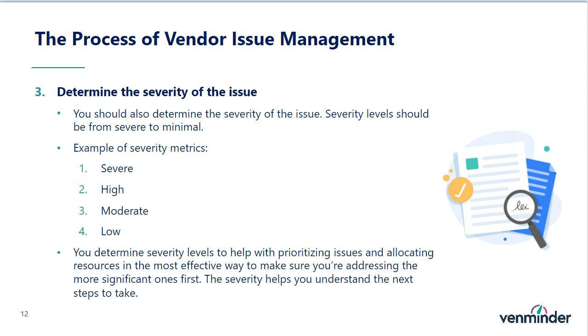Might be a high issue if an existing vendor could be disrupted, or there's clear signs of degradation of performance. Moderate and low could be assigned to both new or existing vendors. You wouldn't have a severe issue with a new vendor because there's no operational impact. You're not using the vendor yet.